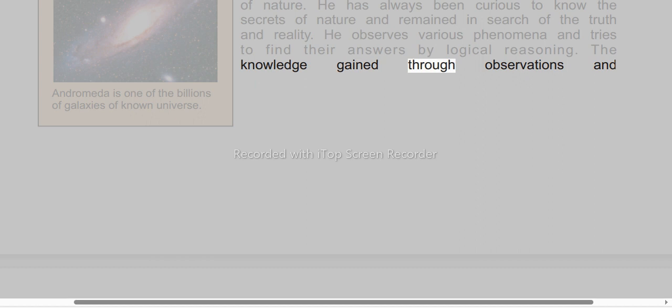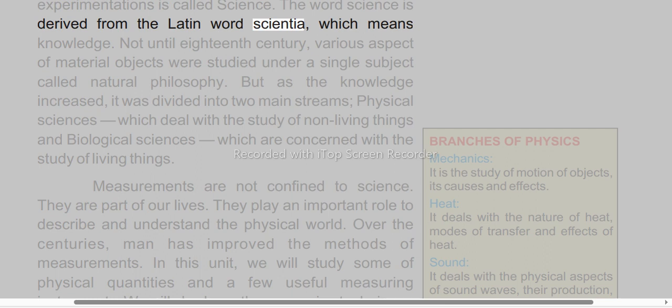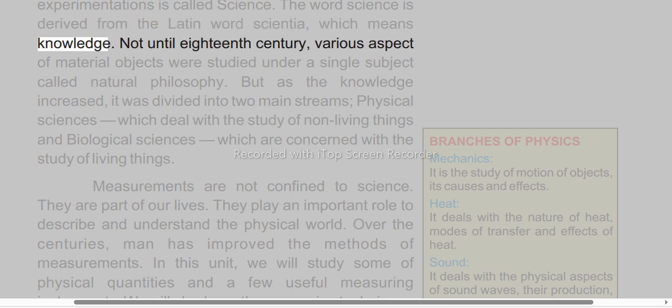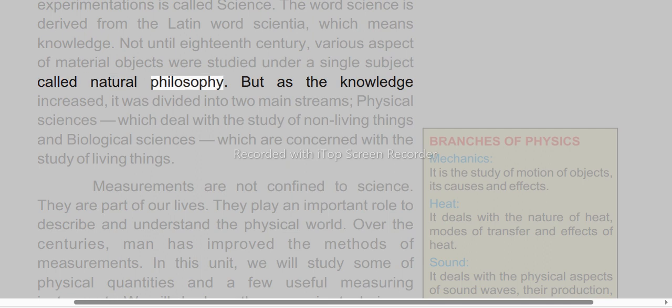The knowledge gained through observations and experimentations is called science. The word science is derived from the Latin word scientia, which means knowledge. Until the 18th century, various aspects of material objects were studied under a single subject, called natural philosophy.